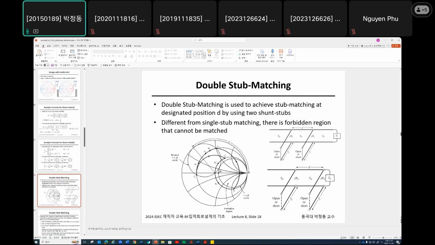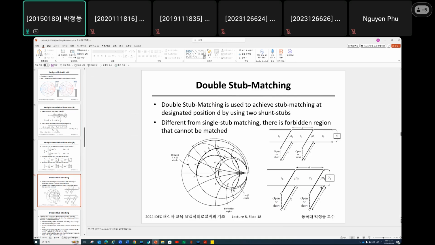Okay. So, however, there exists a forbidden region that cannot be matched theoretically. Okay. So let's take a look at what's going on. For this example, let's say you have a YL, and so basically double stub matching is just something like this.